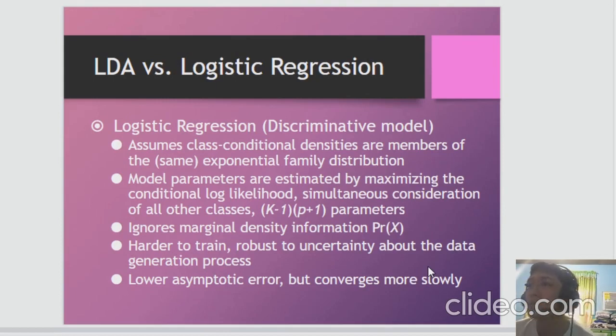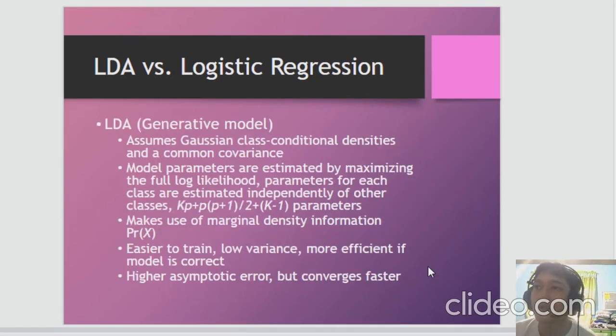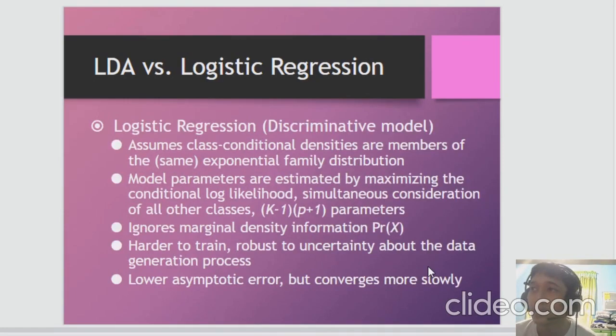Logistic regression is a discriminative model. Yung pinagkaiba nila, LDA is a generative model, si logistic regression is a discriminative model. It assumes class conditional densities are members of the same exponential family distribution. Model parameters are estimated by maximizing the conditional likelihood.